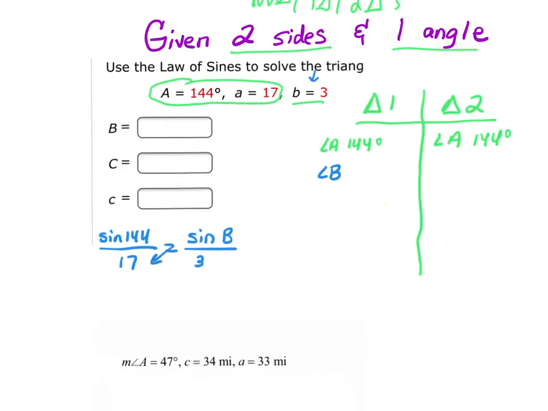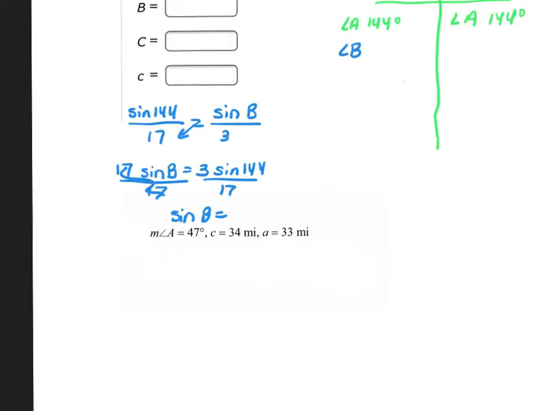To solve, we cross multiply: 17 times the sine of B equals 3 times the sine of 144. I would divide both sides by 17, and I get that the sine of B is 0.1037. Obviously that's not the angle measure, that's just the sine of that angle.